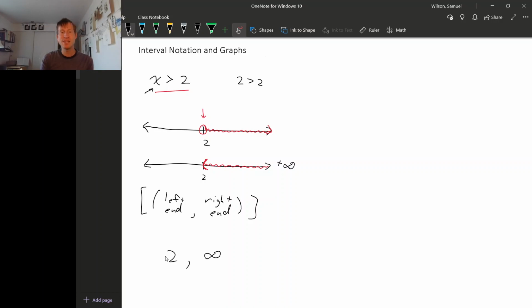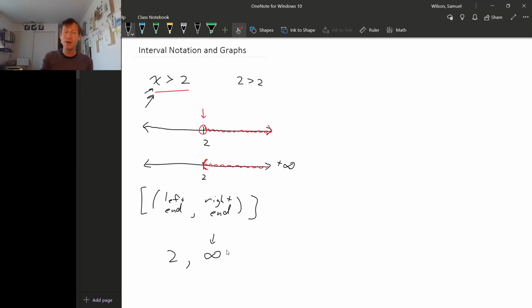Now we need to indicate for each endpoint whether that endpoint is included or not. For the right endpoint, infinity is never included, because what we're trying to write is the collection of real numbers that are solutions to this inequality, and infinity isn't a real number.